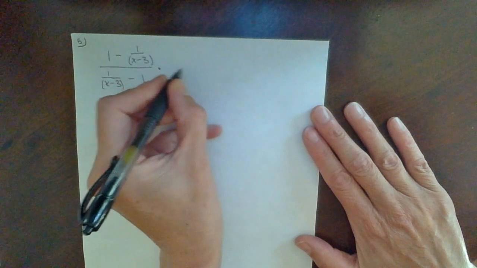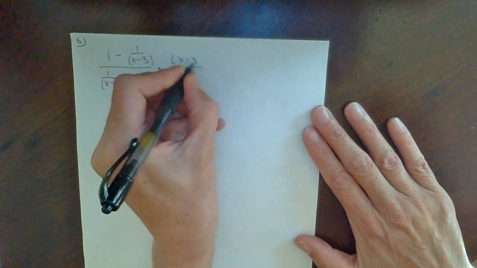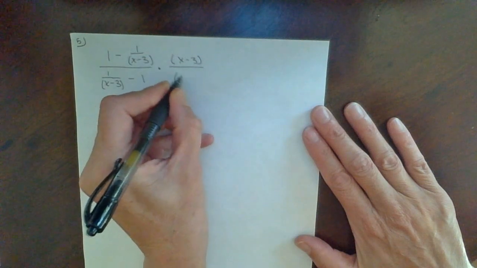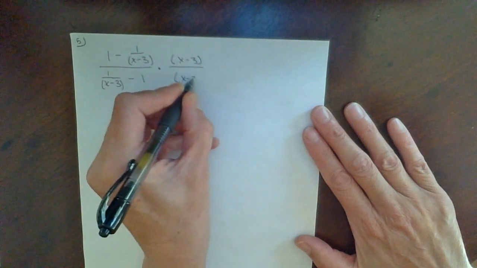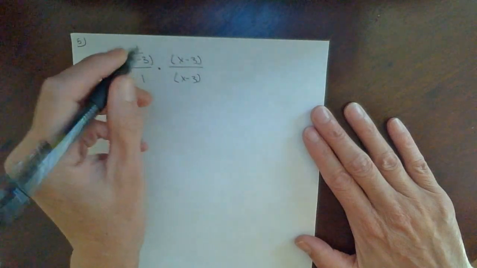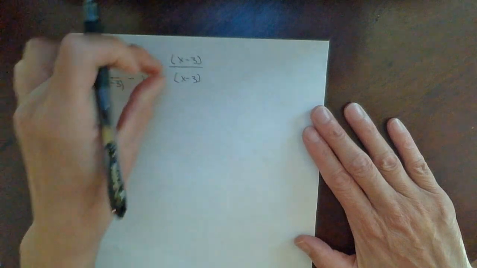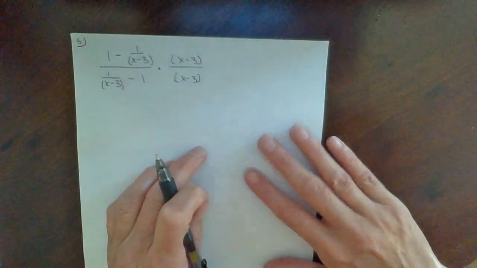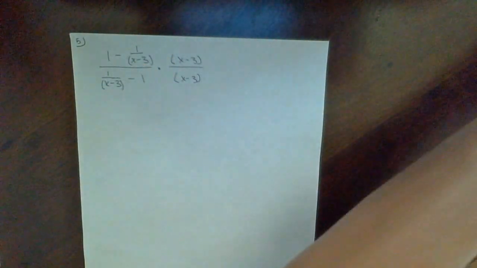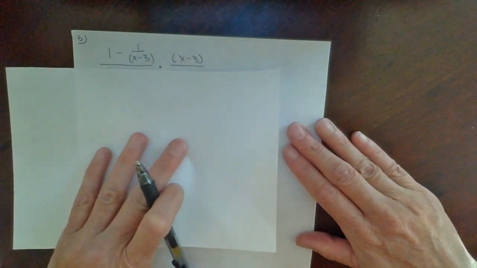So what I want to multiply by is x minus 3 over x minus 3. Okay? And you're going to multiply the whole numerator and the whole denominator by x minus 3 over x minus 3. All right, so I'm going to cover up the bottom, and let's just deal with the top first.